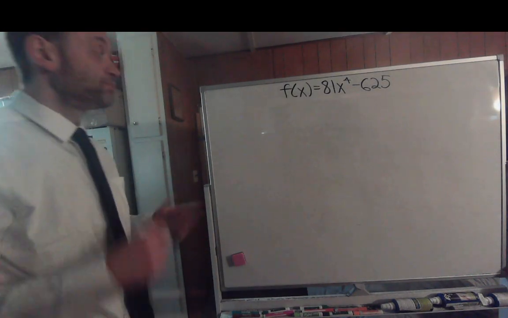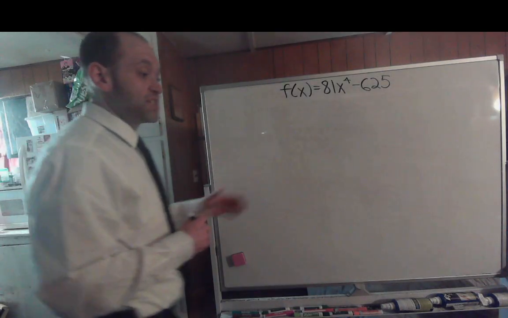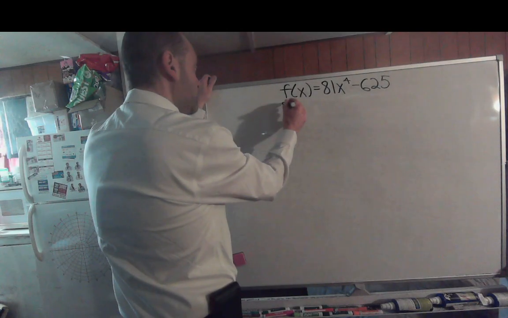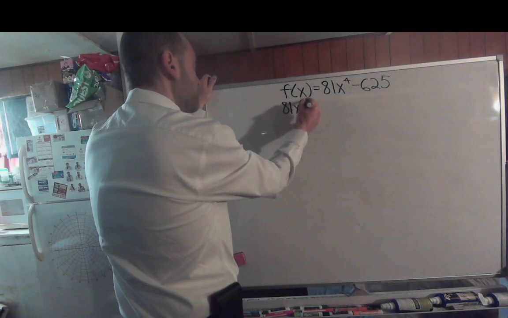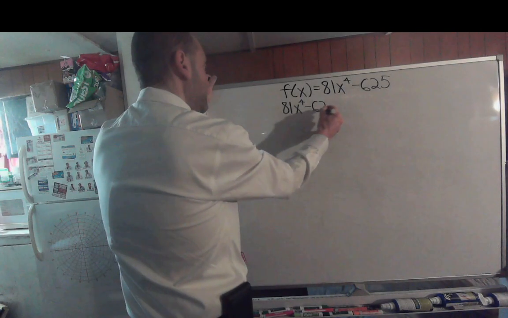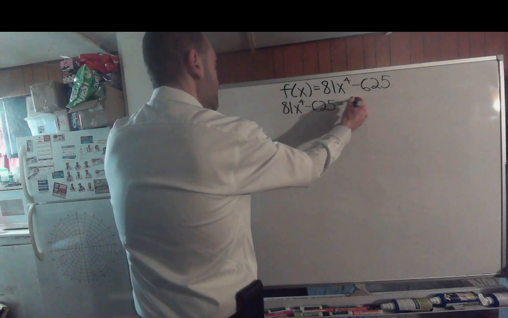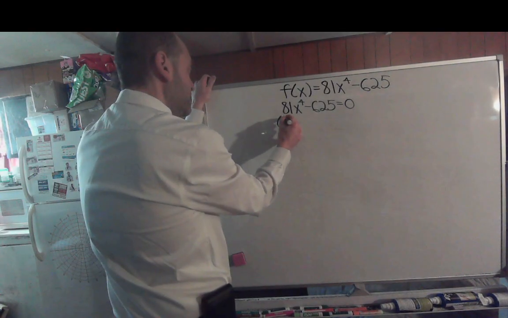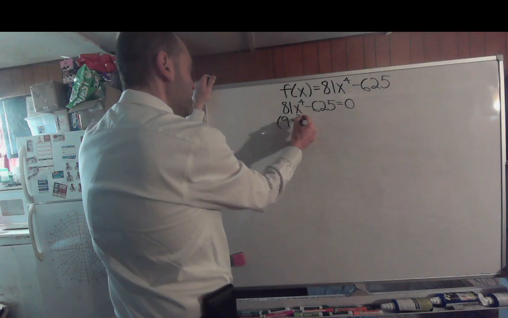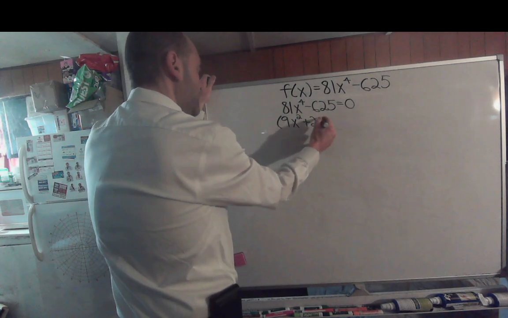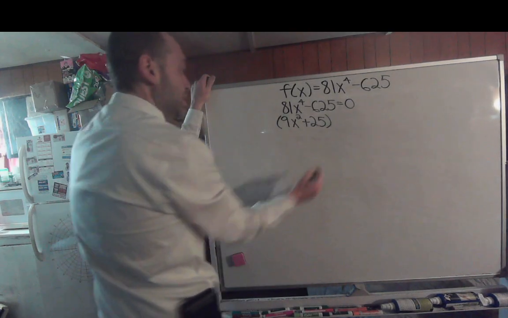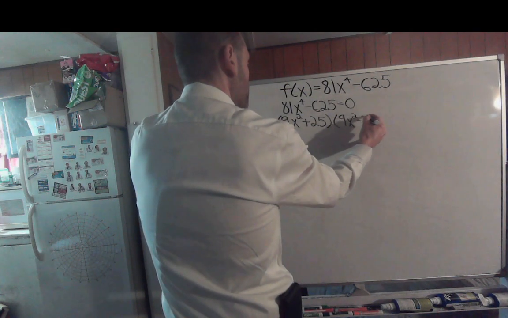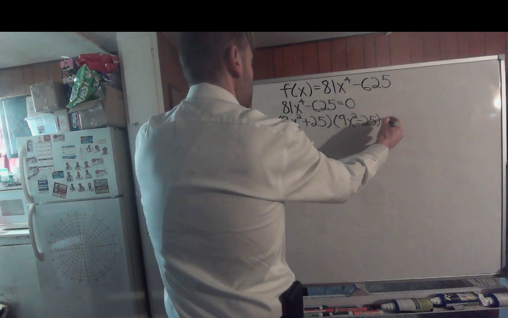Okay, well, this definitely starts out as a difference of 2 squares, so set that 81x to the fourth minus 625 equal to 0. That factors as a difference of 2 squares, so this will become 9x squared plus 25 times 9x squared minus 25 equals 0.